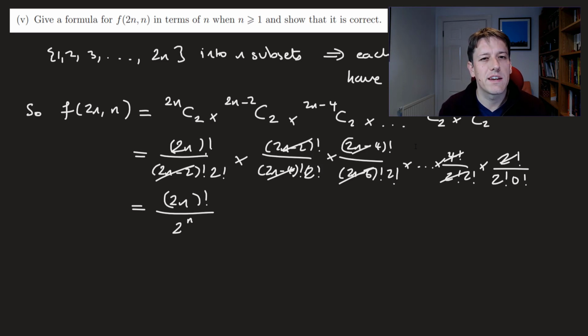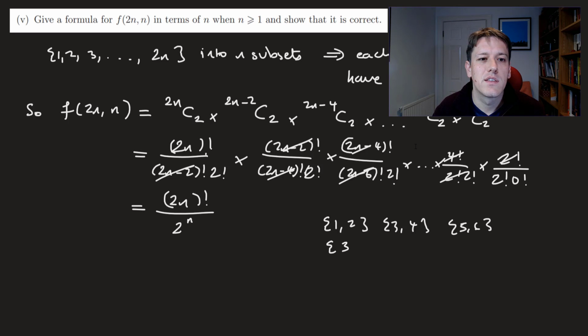The only thing we've got to think about here is overcounting. If I do this, that's specifying a particular order of the different pairs. So I might have, for example, 1, 2, 3, 4, and 5, 6, if there were just 6 elements, but we don't want 3, 4, 1, 2, and 5, 6 to be distinguished as different.